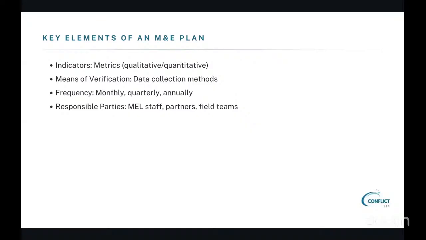And then responsible parties, this is where you explain who are the people responsible for ensuring that the indicators are being met and verified, and that they are working with M&E. So usually you may have M&E staff, you might have partners, you might have field teams, and you have to explain who will be responsible, what will be their roles, and all of that.